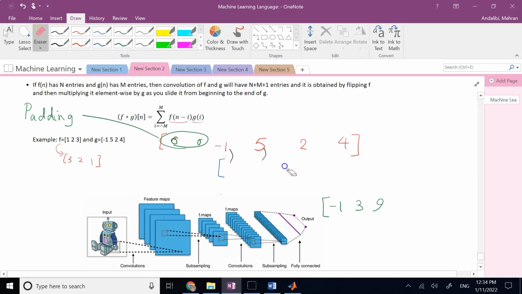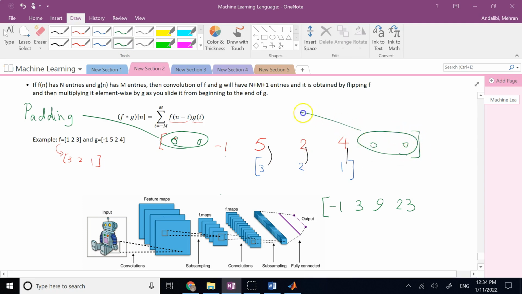And do a few more of this. So we come here this time. Again, do it. That's 4 and 4, 8 plus 15, that's 23. And we also need to move it all the way to the right until this 3 meets 4. So we need 2 extra zeros here also. We need to pad it on this side as well.